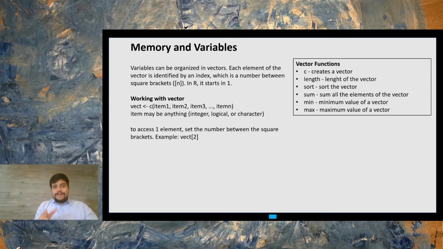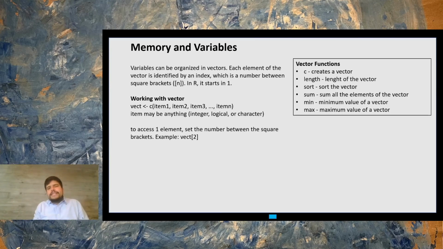What's really worth mentioning is that all this data is going to be grouped into vectors. Vectors are building blocks in R. Any object, more complex or simple, is going to be a form of a vector. Now, what is a vector? You might be thinking, right?